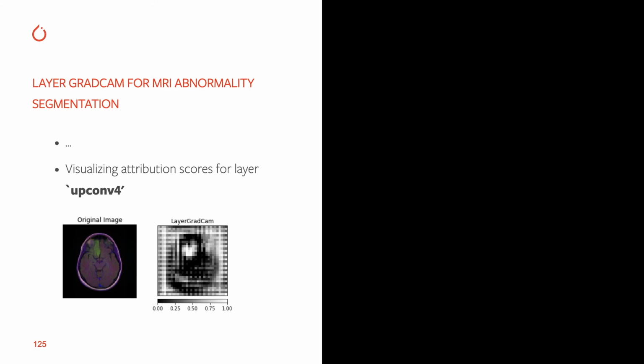We can see that it has a high attribution score, close to 1, especially in the area of abnormality. We can repeat this procedure also for other layers and other neurons in order to understand what parts of the image different layers and neurons focus on.